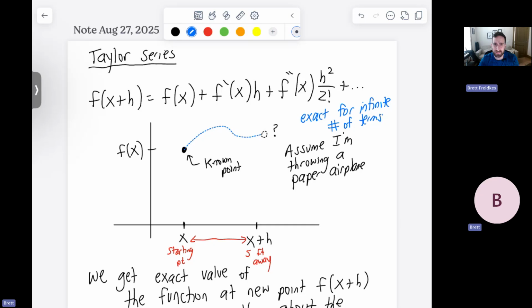And I'm saying that lightly because depending on the function, maybe a lot of the other terms are 0. But in the most general case, we will assume that f of x plus h will be exactly correct if you had an infinite amount of these terms, f of x, f prime of x times h, so on.